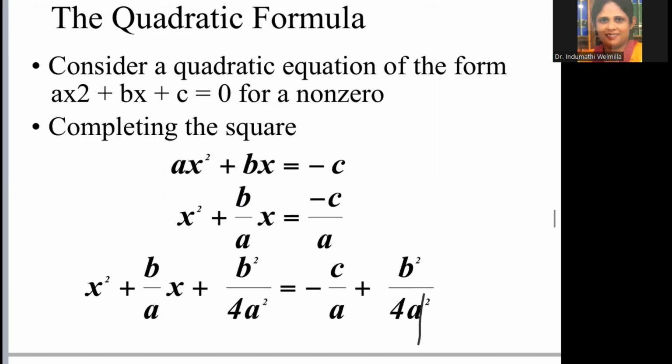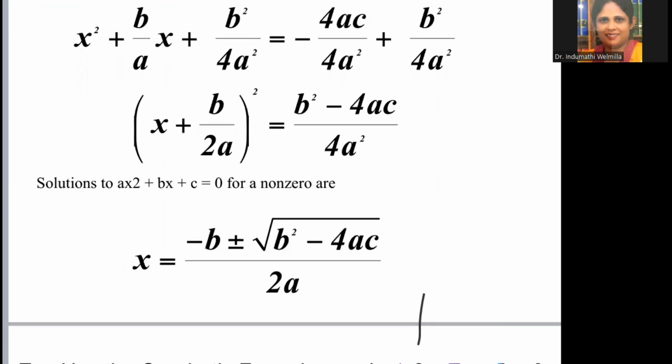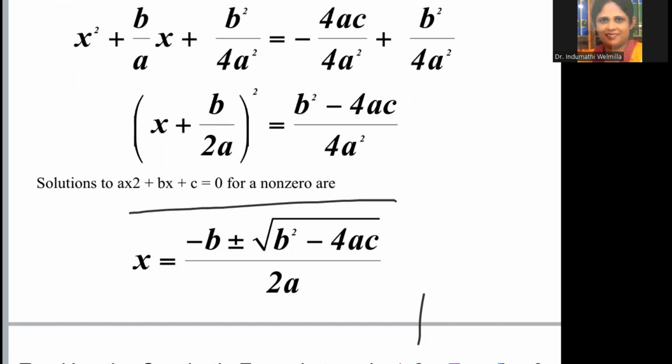What is the formula? I think you already know this is the formula. Okay. So when applying this formula, we can solve the quadratic equation. That means find out the value for the unknown variable, right? In this case, you know the B value, A value, C value. Those values we have to apply.